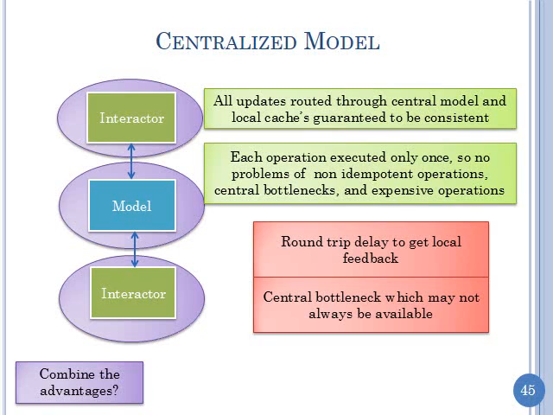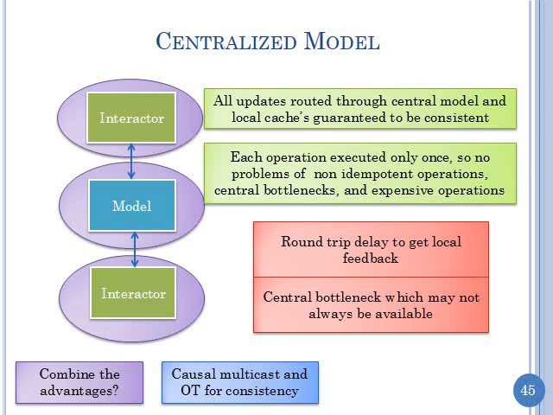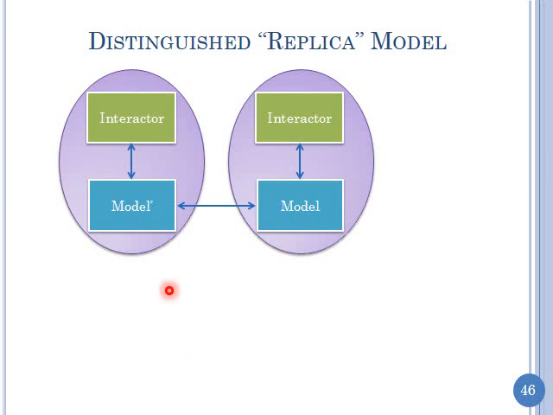I didn't realize it was such a hard question. So we're going to use causal multicast and OT for consistency, or this undo idea. And the question is multiple operations. Can I maybe make one model distinguished, like in the centralized case? Say, if I am Alice, I do these operations.